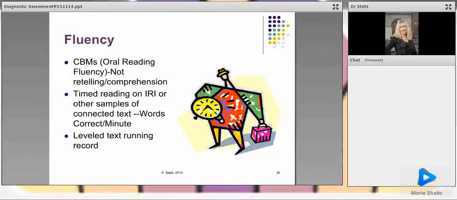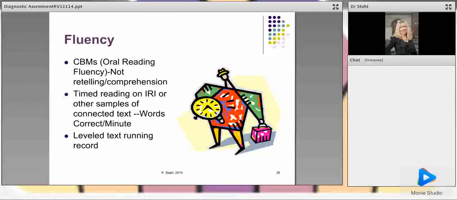So you still want to get a words correct per minute by using a timed reading of an informal reading inventory or some other kind of reading kit that you might be using. You really must time those.